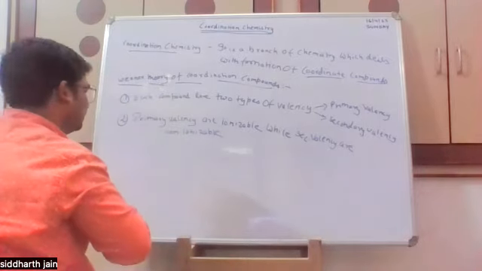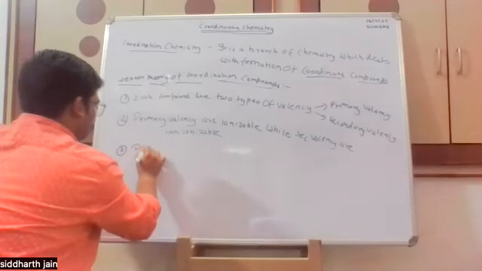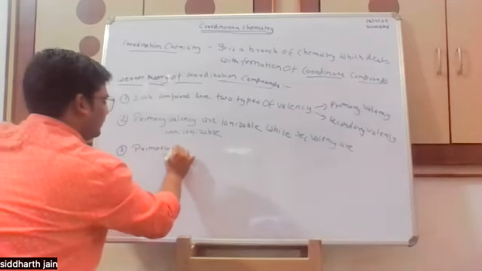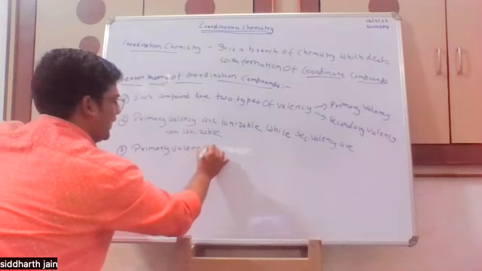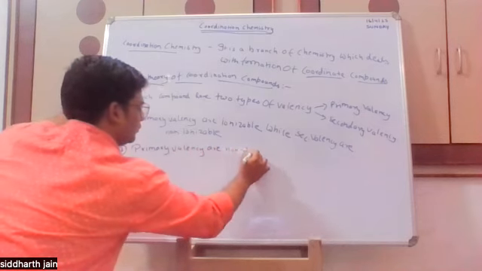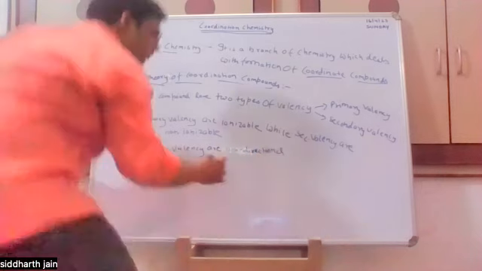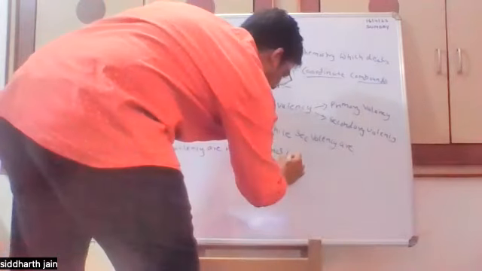Then third point he told is that primary valencies are non-directional in nature, while secondary valencies are directional in nature.